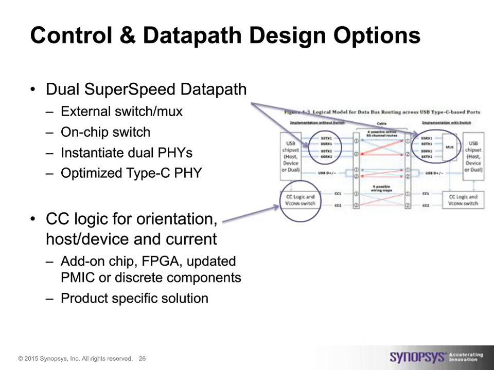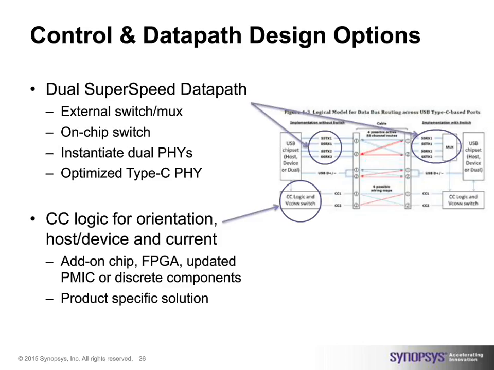You need to decide how to implement dual data paths and how to integrate or not your CC logic. So the SuperSpeed data path summarized there: external switch mux, on switch, dual PHYs, or an optimized Type-C PHY.